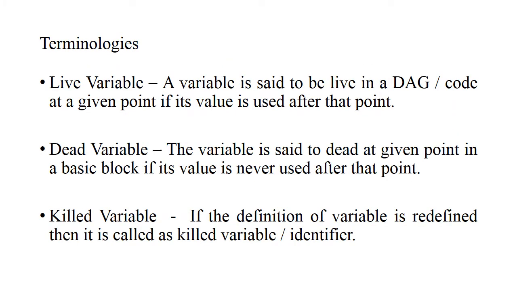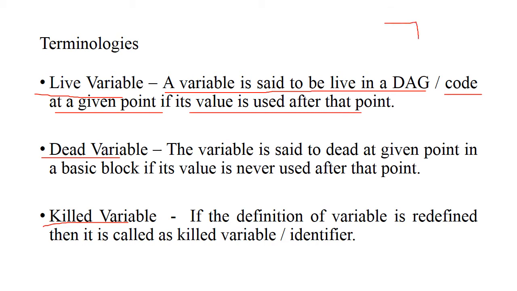Before solving the examples, all of you please remember the important terminologies. These are some definitions that will always be required. The first one is the live variable. A variable is said to be live in a DAG, a three address code, or a basic block at a given point if its value is used after that particular point.